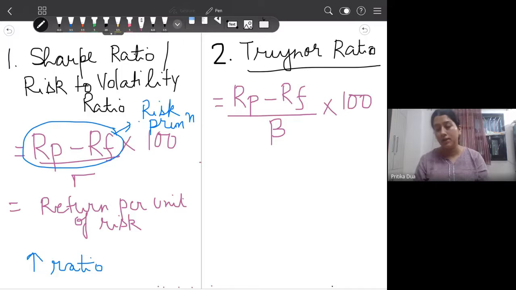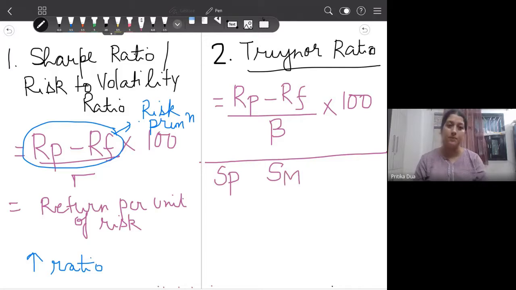So what you do is, you first calculate the Sharpe ratio of your portfolio, which will be SP, Sharpe ratio of the portfolio, and then you also calculate the Sharpe ratio of the market.